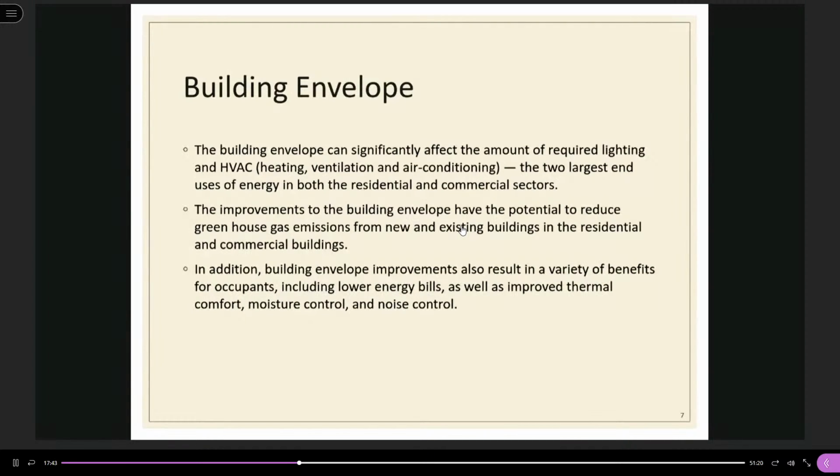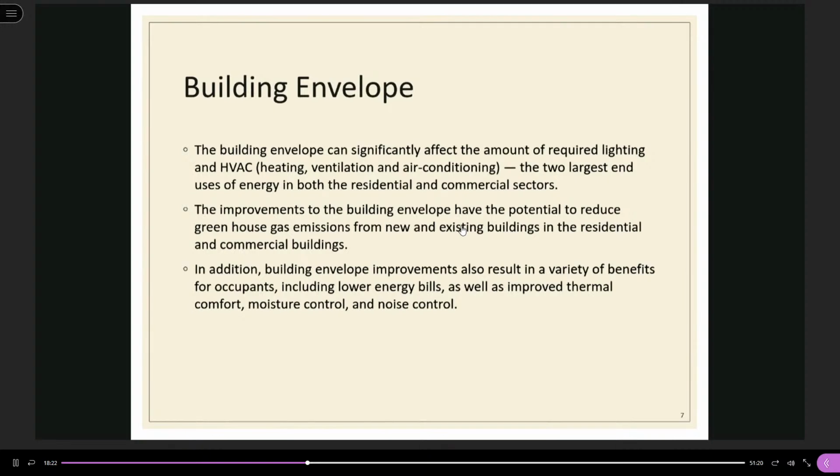Like in Malaysia, the weather is very hot, and you want to reduce the heat transfer from the outside to the interior. So if you can reduce the heat transfer, then the air conditioning will need to spend less energy to bring away the heat. Okay, so for active systems, we are working against the environment. Inside it is hot, so we spend the energy to take away the heat.